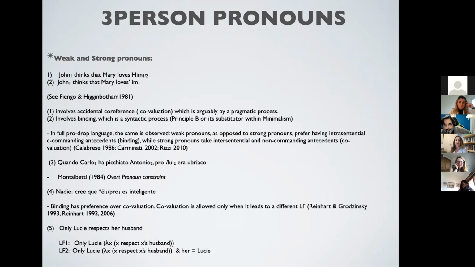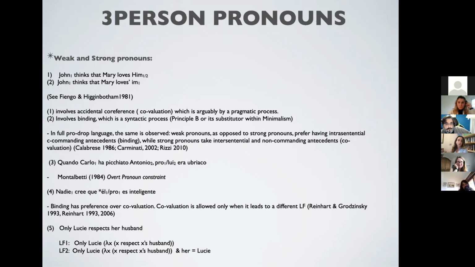In a full pro-drop language, for example, the same is observed. Weak pronouns as opposed to strong pronouns prefer intrasentential c-commanding antecedents, therefore binding, while strong pronouns take intersentential non-c-commanding antecedents, co-evaluation. So that's what you see in Italian: when Carlo era picchiato, Antonio, Luigi picchiato Antonio, Luigi era ubriaco.